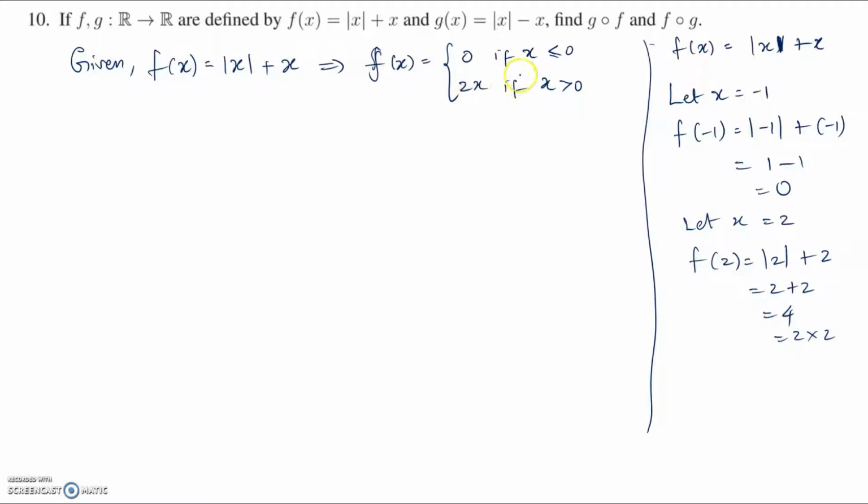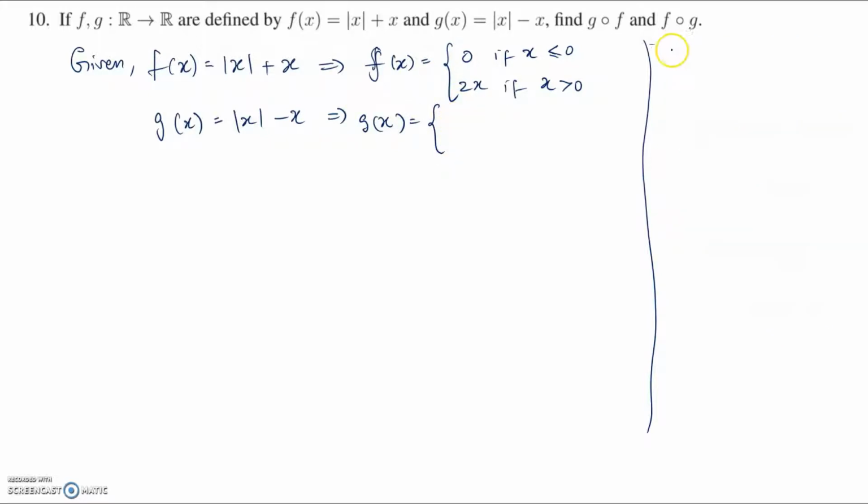Therefore, it's 2x, right? So similarly, we can define g of x, which is mod x minus x. Let's first consider x equal to minus 1. Then our g of x is equal to mod of minus 1 minus of minus 1. That's equal to 1 plus 1, that's equal to 2, or you can say 2 times 1, which is 2x.